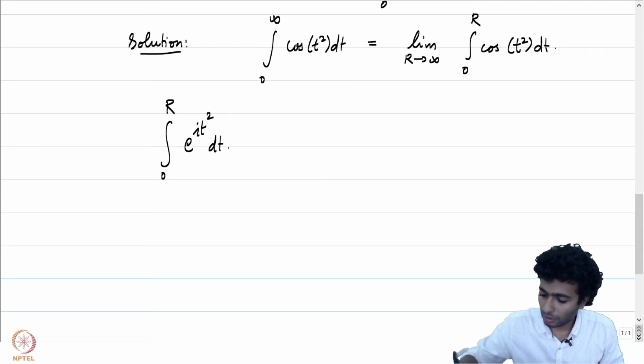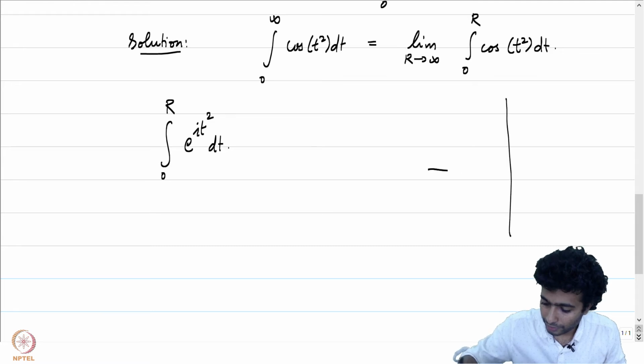Let's now draw in the complex plane what we are trying to do.